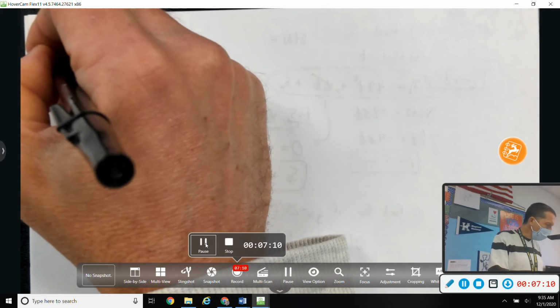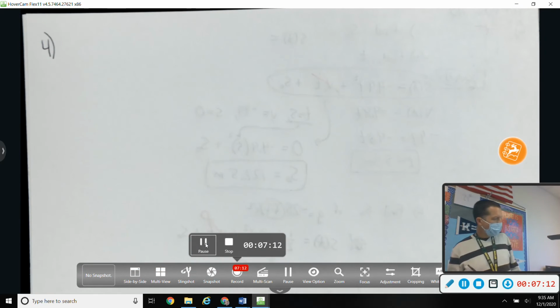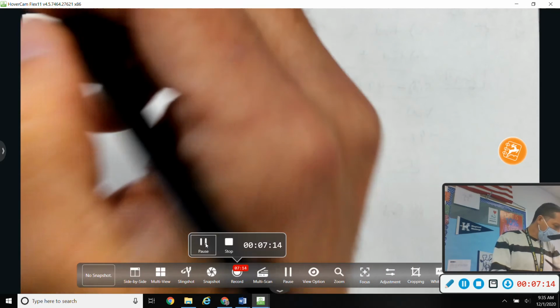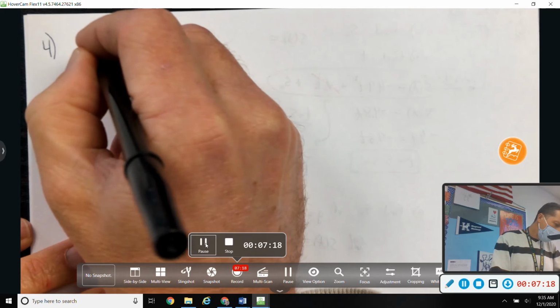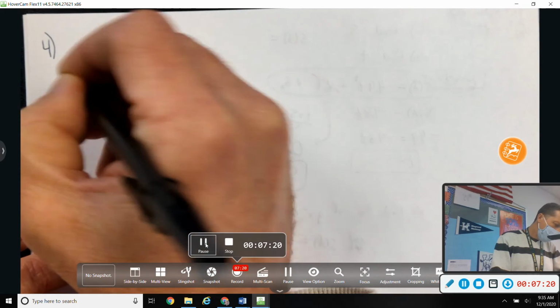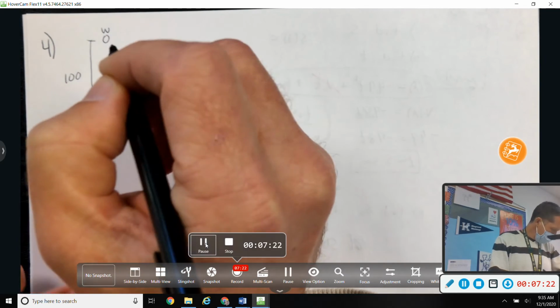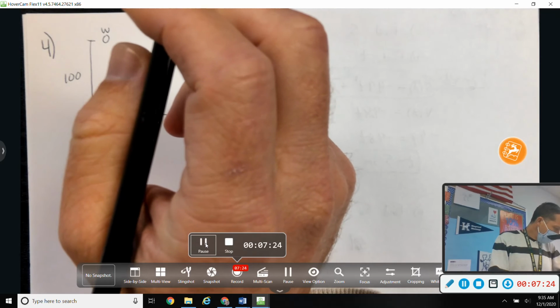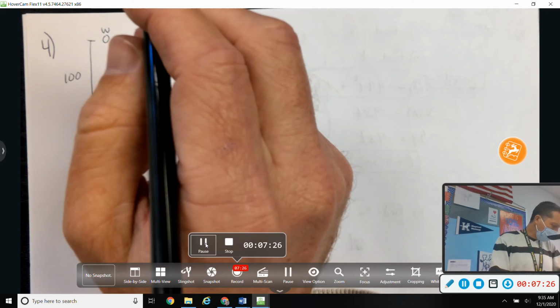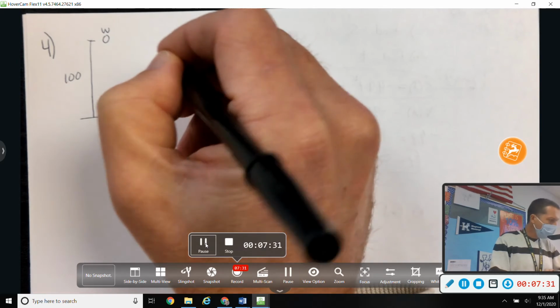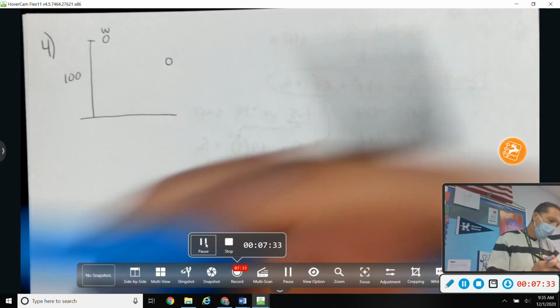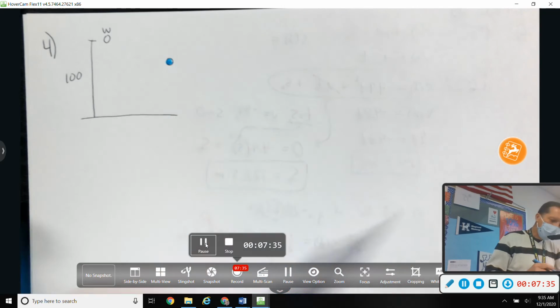Number 4 on the vertical motion worksheet. A white ball is dropped from a height of 100 feet. One second later, a blue ball is dropped from a height of 75 feet. Right, make the picture right there.